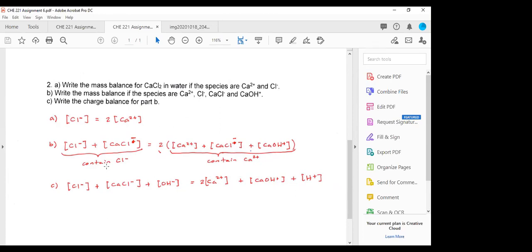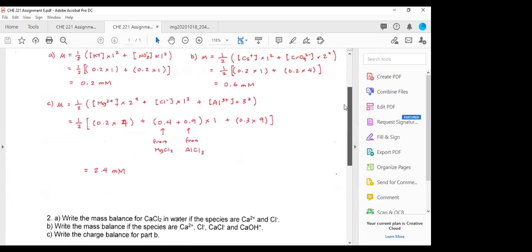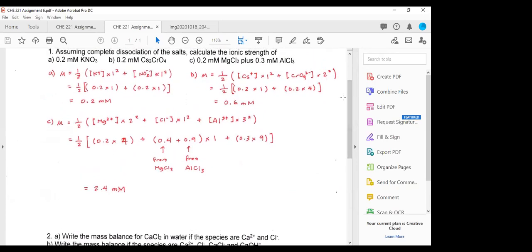Wait, Professor, can you scroll up? I just want to see the first part of the assignment. I see, thank you. Because I got the same values, but I got 0.0002.